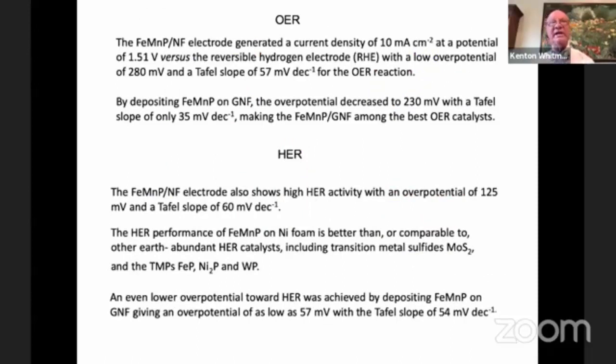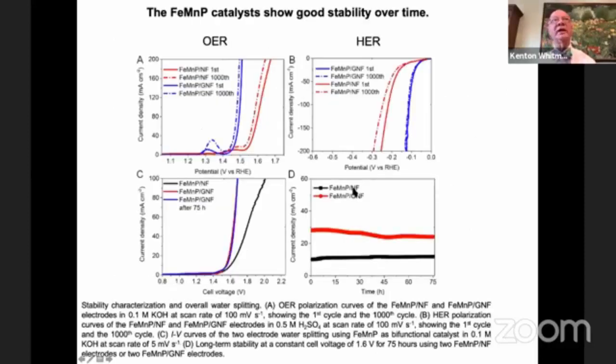Okay, just in summary, what we've seen is that these things have very good responses. They have fairly low overpotentials compared to some of the other non-noble metal catalysts. And in this case for FEMNP, they do both the OER and the HER reaction. The catalysts show good stability over time.